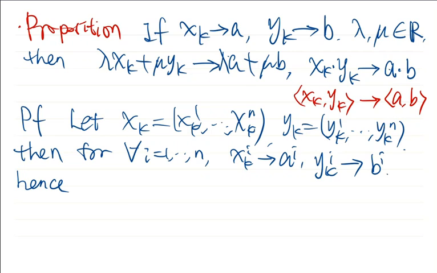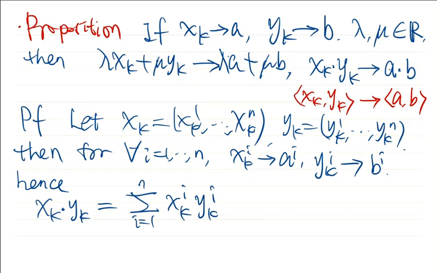the scalar product of xk and yk, by definition, this is the sum over I from 1 to n, xki yki. Now, xki converge to ai, yki converge to bi, so their multiplication will converge to ai bi.